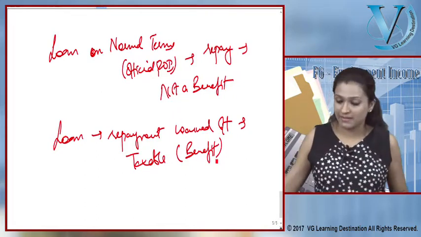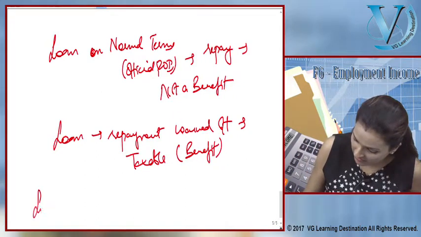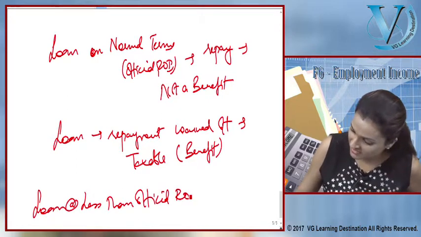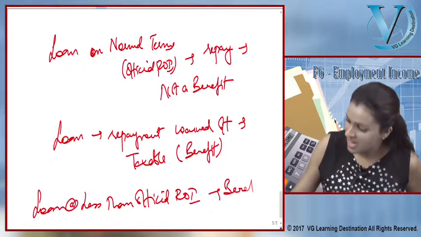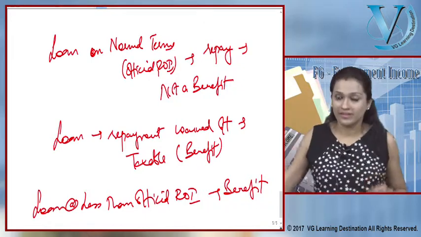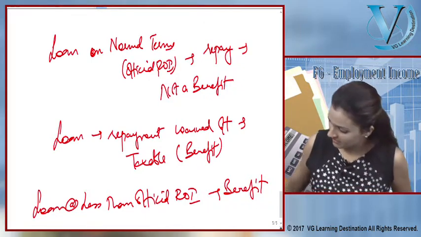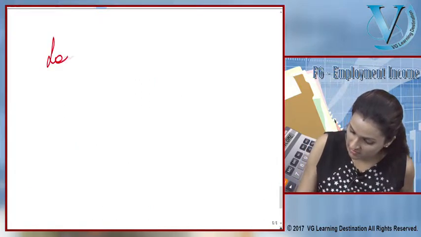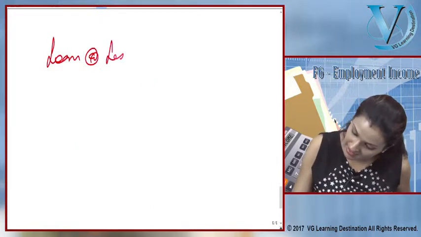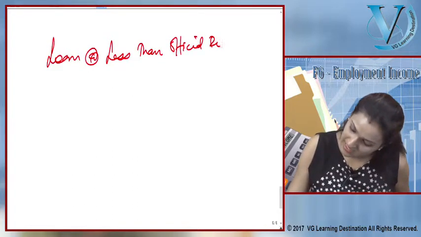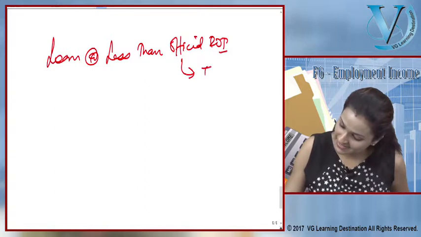However, what happens when the loan is now given at less than official rate of interest? Again, it becomes a benefit. So some amount of it you will have to pay tax upon. Loan at less than official rate of interest, like I said, it becomes taxable.